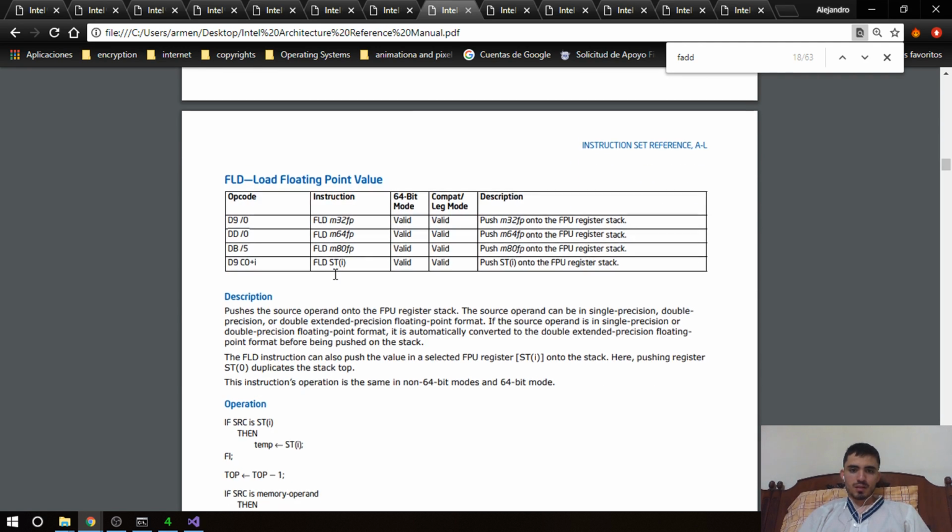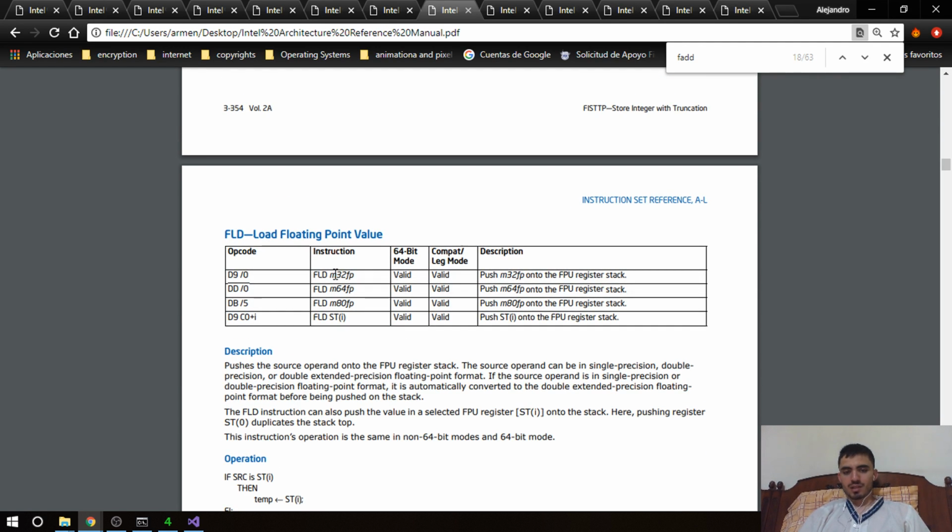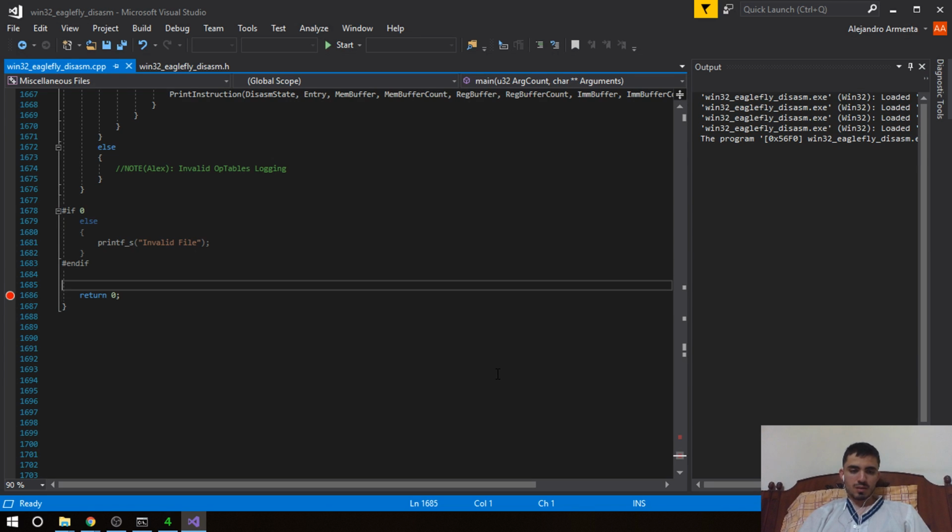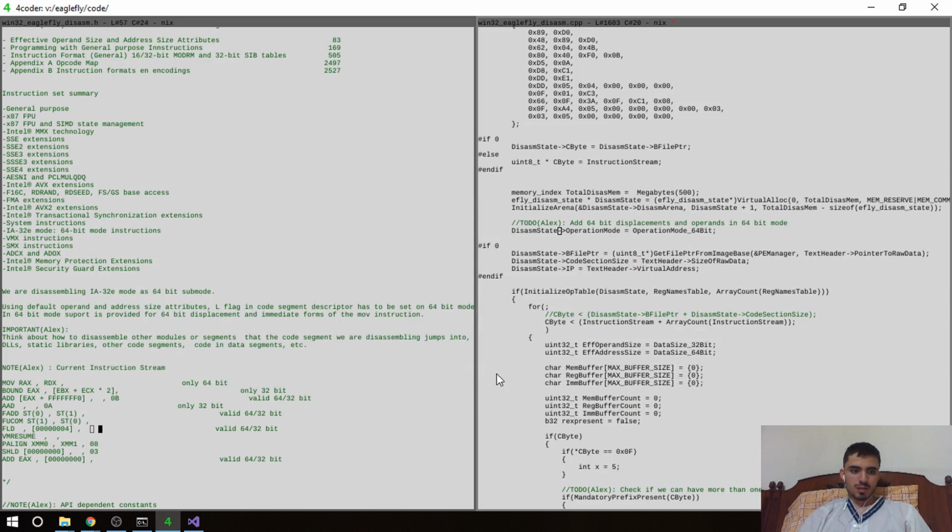It doesn't matter. Well, we're going to do that later, but this is a good instruction because we didn't know that. And we have a DB5, which is an M80 on the blah blah blah. Okay. So this, I'm going to push M64 FP until blah, blah, blah.